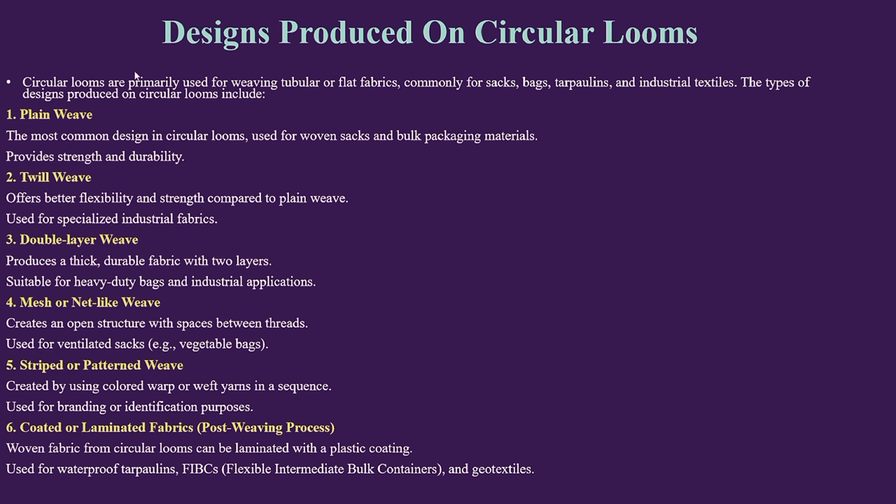Fifth design produced on circular looms is striped or patterned weave, created by using colored warp or weft yarn in sequence, used for branding or identification purposes. This is a different design for branding and marketing by utilization of multicolored warp or weft yarns.